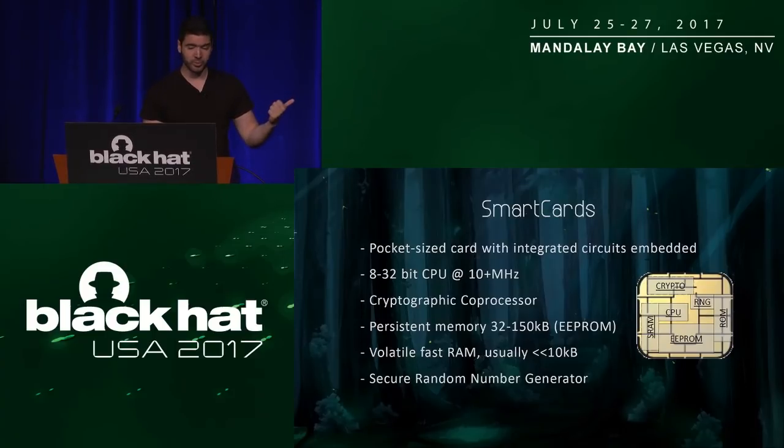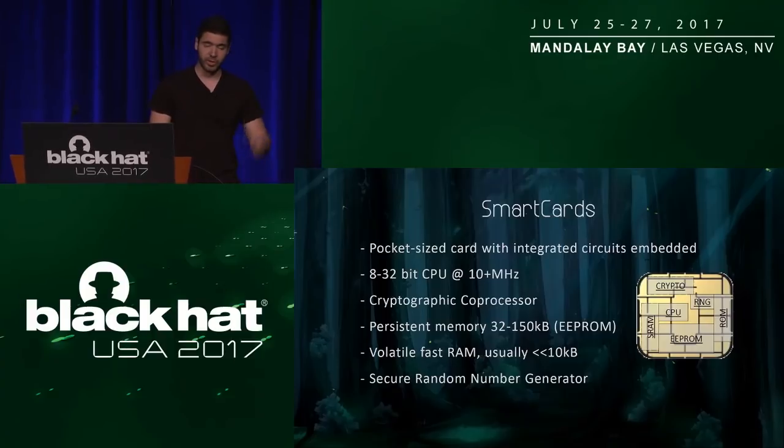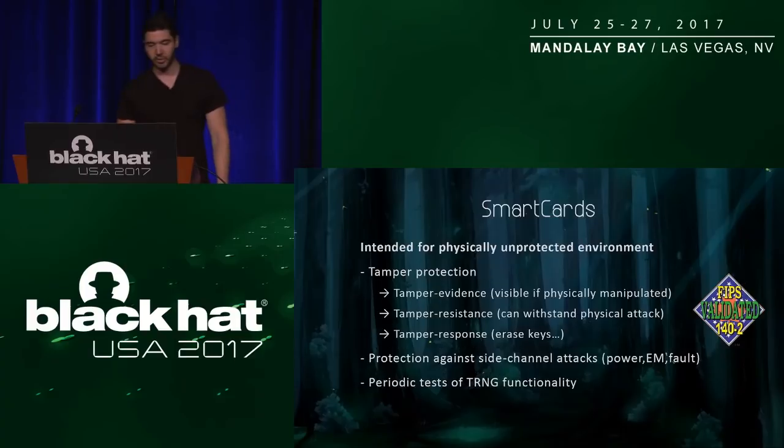One is the persistent memory, which we have more of, like 150 kilobytes usually. There are some cards offering up to 1 megabyte, but these are rare cases. And then there is a volatile RAM, which is very fast, but we have a limited amount of it, usually less than 10 kilobytes. And of course, they have a secure random number generator. It generates fresh randomness for keys and everything.